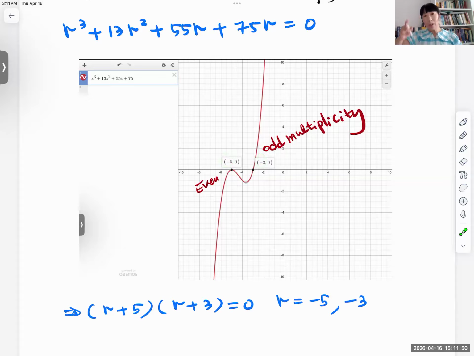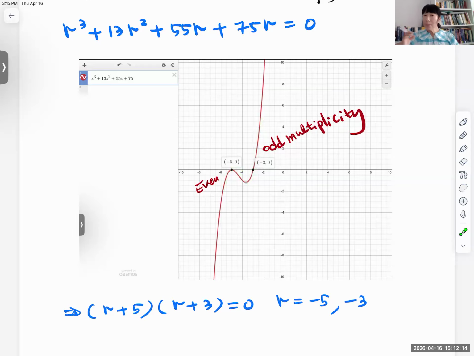Okay, so take a look at the graph, right? So this graph just touched the x-axis, right? But then this graph touched, came back, and then crosses at x equal to -3, right?